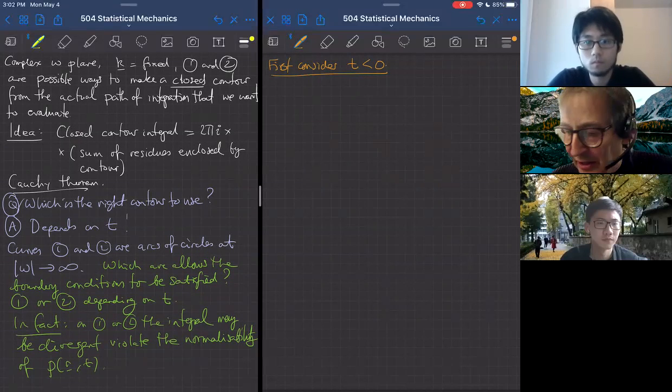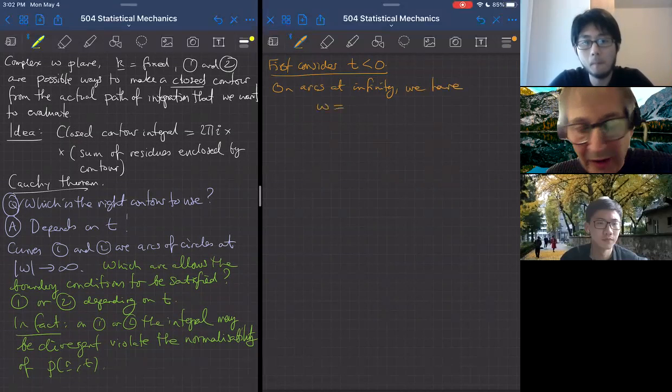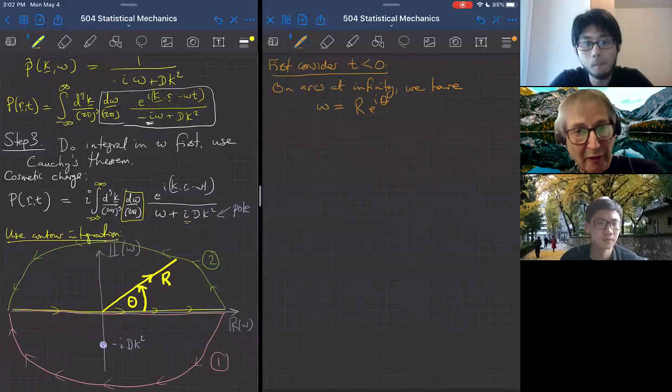So that means that on the arcs at infinity, I can write that omega is equal to r e to the i theta, just as we drew in this picture over here on the left.